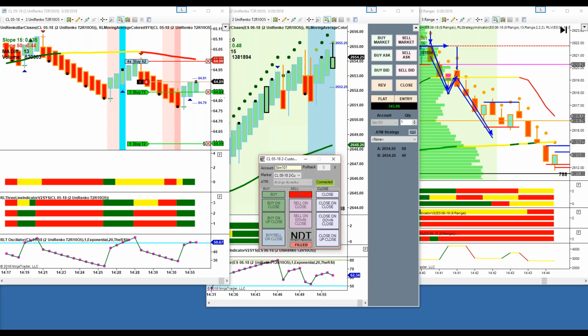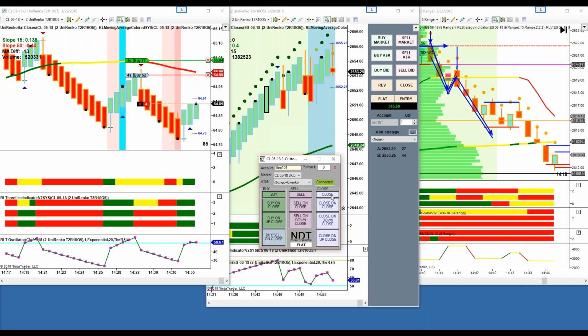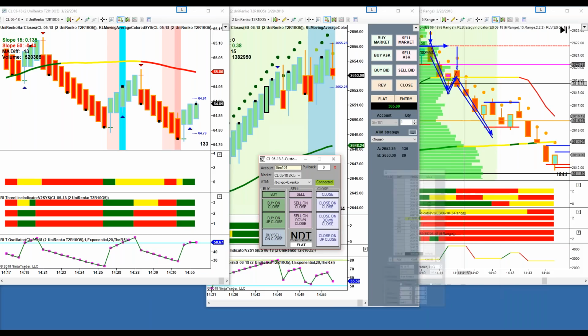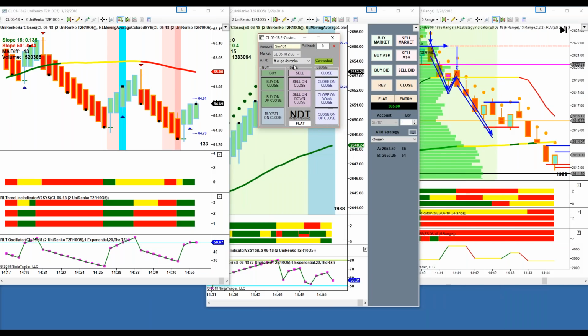Well, this isn't 30. I might have the wrong ATM, but it's 30, and this is 8 ticks. So that's our ATM. I'll just close the trade. Now we program that into either your DOM, if you want to trade the DOM, or the NDT if you want to trade the NDT. Either one.